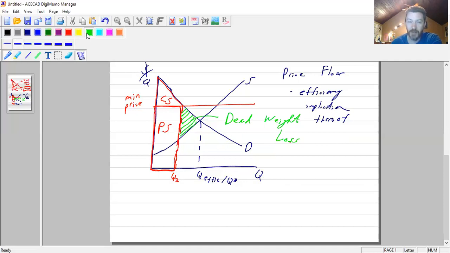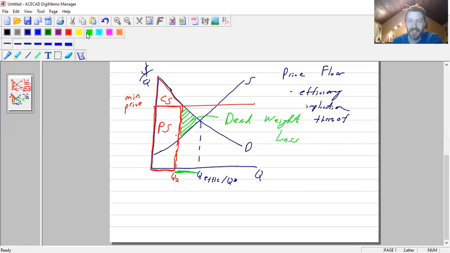Whatever that triangle amounts to, the value encompassed in that triangle, society is worse off as a whole by that amount because this price floor has prevented the free market from working and achieving the efficient level of output. See, for all these units in between Q2 and Q of fish, for all those units are more valuable than they are costly, right? The marginal value for those units exceeds the marginal cost. Those units are more valuable than they are costly, but they're not being produced.